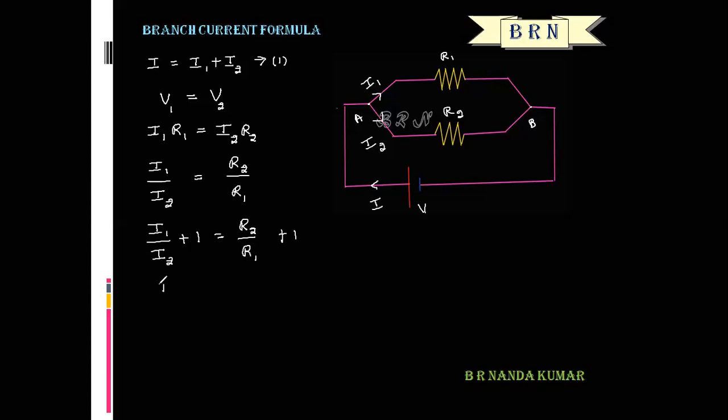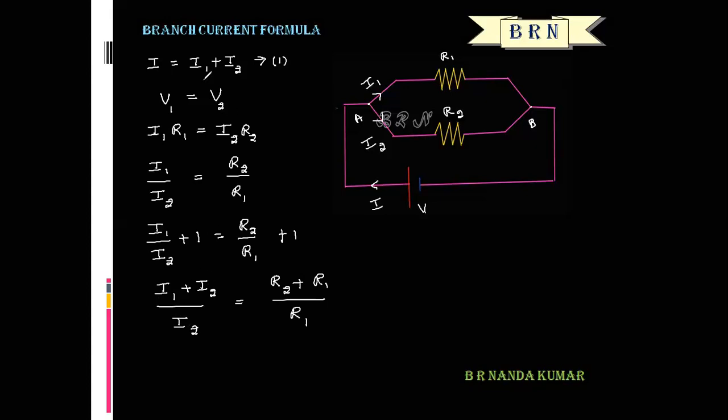So we get I1 plus I2 divided by I2, what is the LCM? That is equal to R2 plus R1 divided by R1.